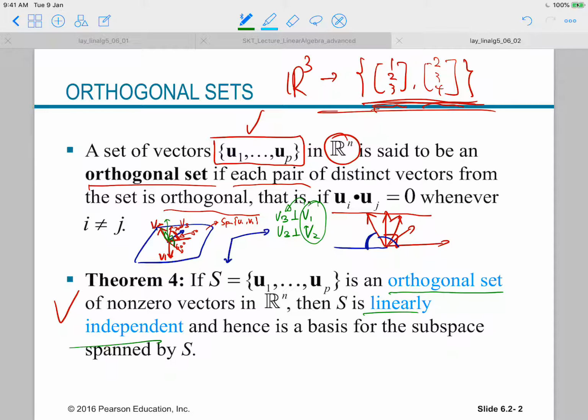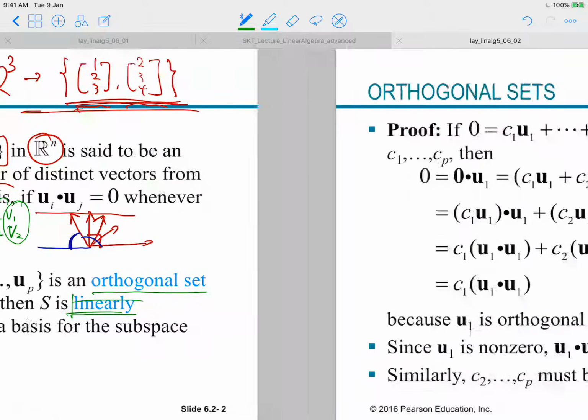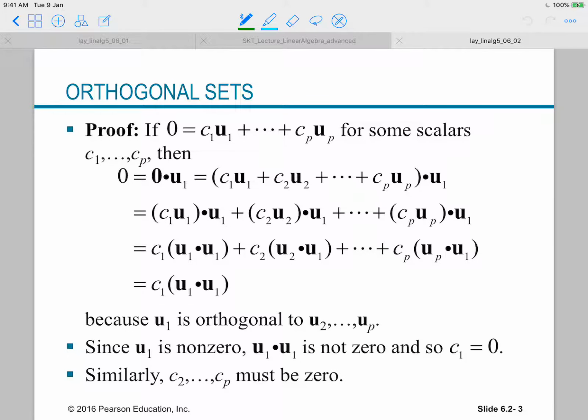So what is the condition of a linearly independent set? There should be only the trivial solution for our homogeneous linear system, right? So suppose we are given U1 through UP, and these vectors are assumed to be an orthogonal set, which means any pair of them will be perpendicular to each other, right?